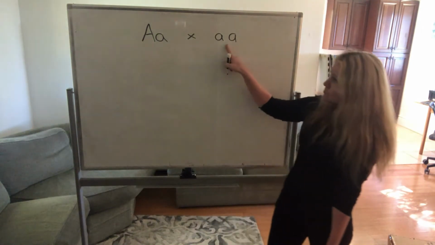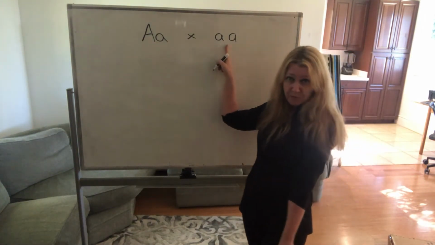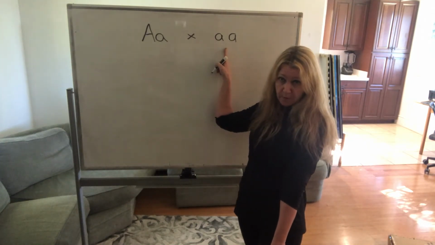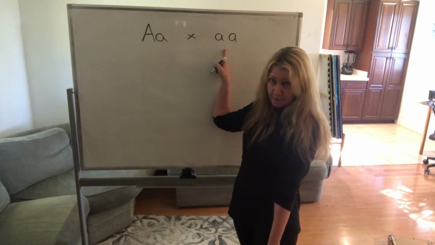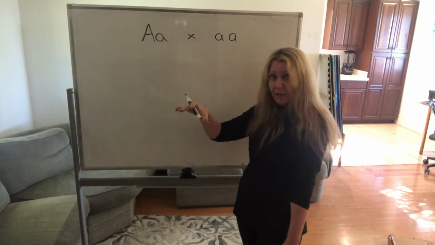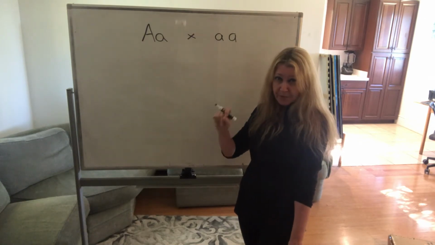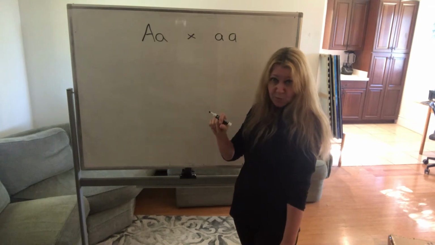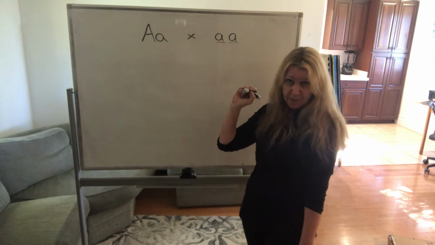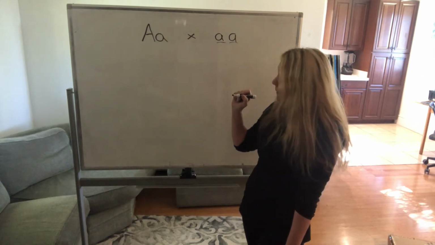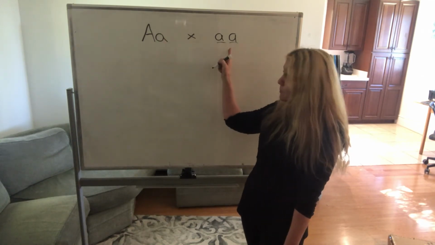Let's say another individual is little a, little a, which is called a homozygote. And remember the recessive and dominant genes. If it's a big capital letter, that's a dominant gene. If it's lowercase, it's recessive. So two of them is homozygous recessive. So we're crossing a heterozygote with the homozygous recessive.